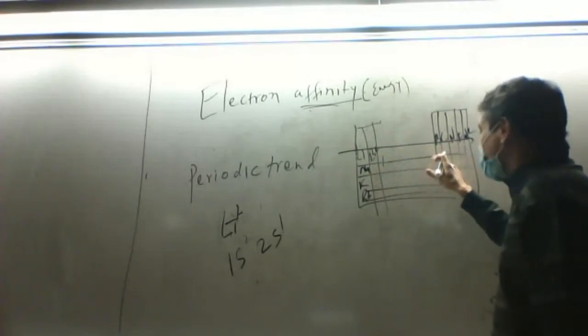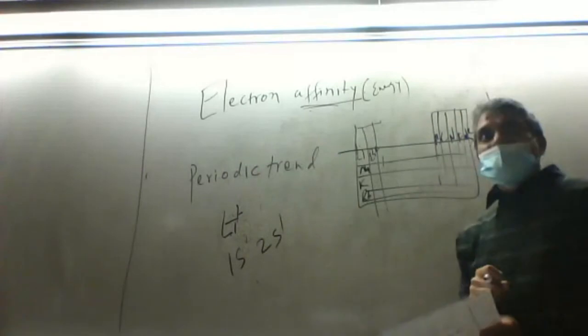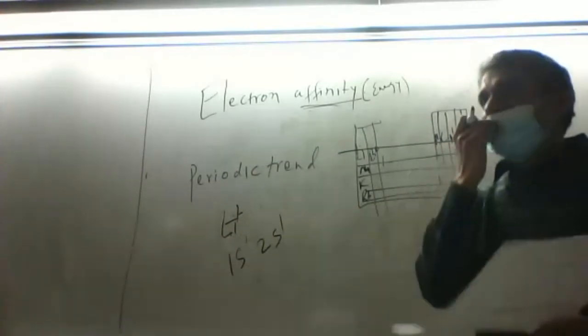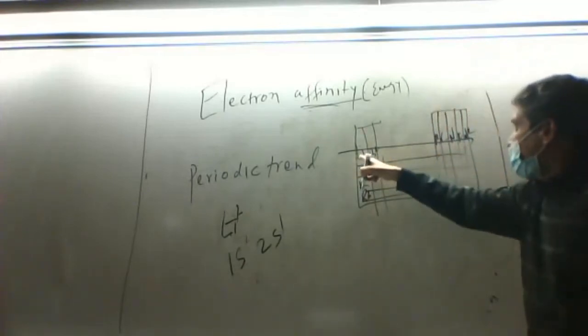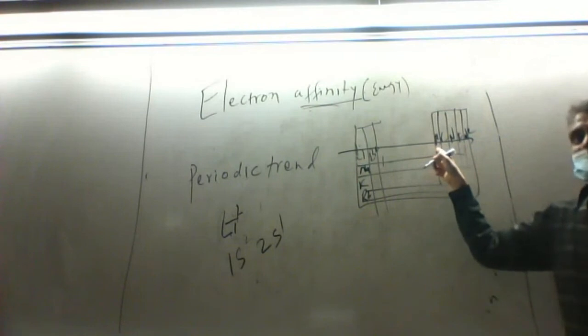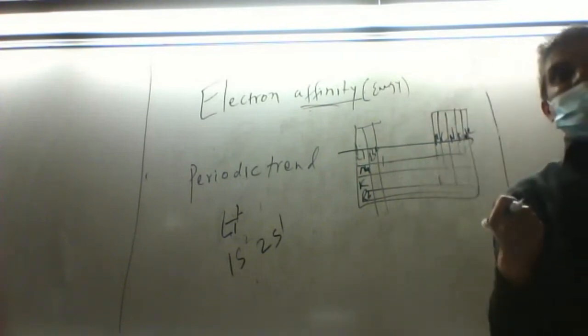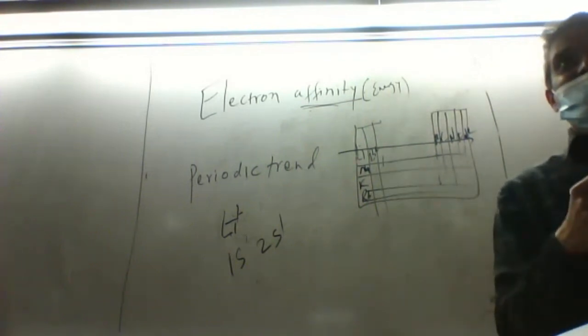As the size becomes smaller, the incoming electron is pulled more strongly by the protons. Or you can talk about the effective nuclear charge also. Compared to lithium, boron has a higher effective nuclear charge. So the boron atom tries to attract that incoming electron with great force and releases a lot of energy there. Make sense?